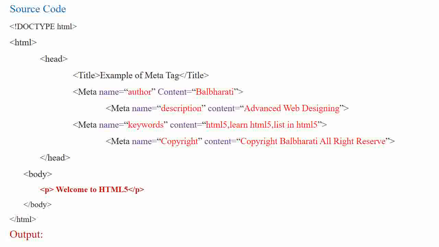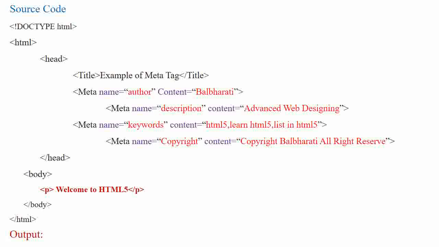Then body tag, paragraph tag P, welcome to HTML5. End of paragraph tag P, end of body tag, and end of HTML tag. After creating this program, you have to save it.